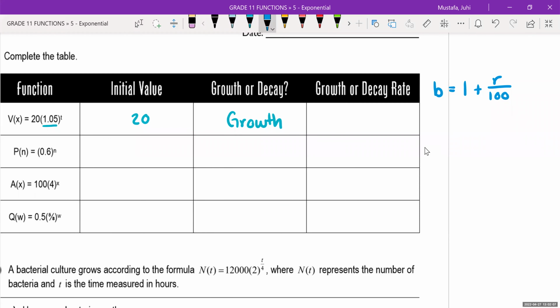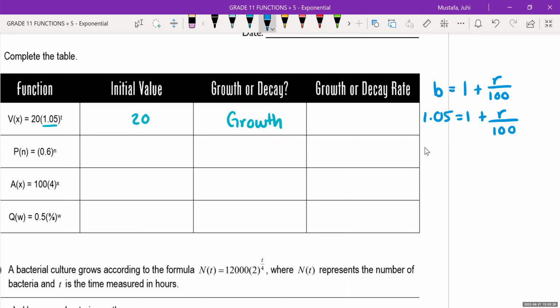Your B value is whatever is inside the bracket. So in this case, it's going to be 1.05 is equal to 1 plus R over 100. If we solve for R, then we're going to get the rate of our growth or decay. So how am I going to do this?